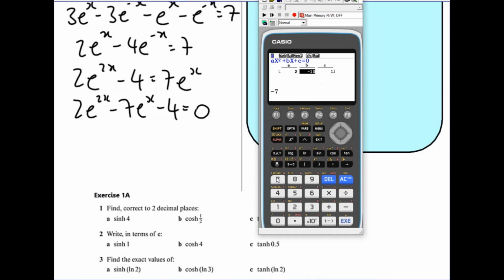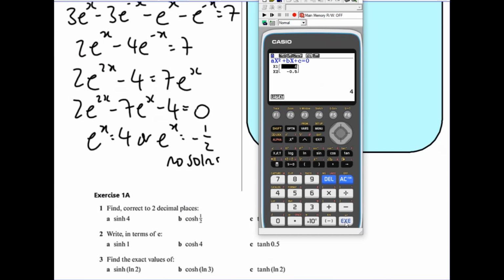My solution, so this is e to the x is 4 or minus 4. This one has no solutions because you got a negative. So the other solution to this one is x equals ln 4.